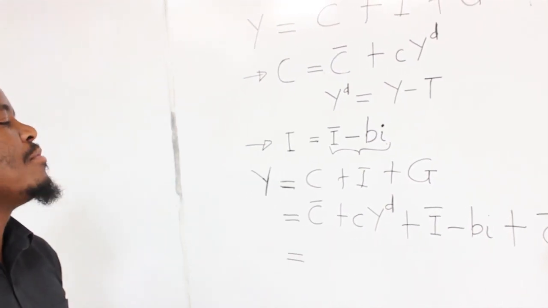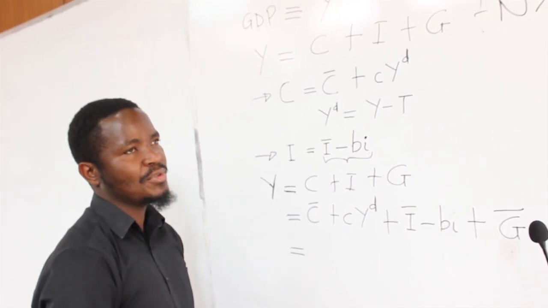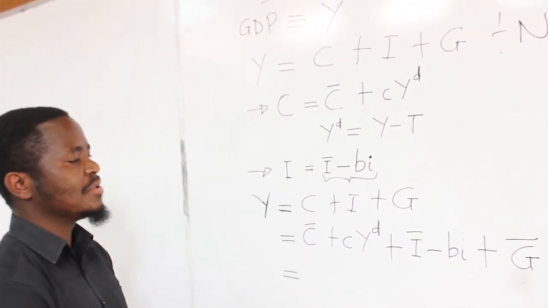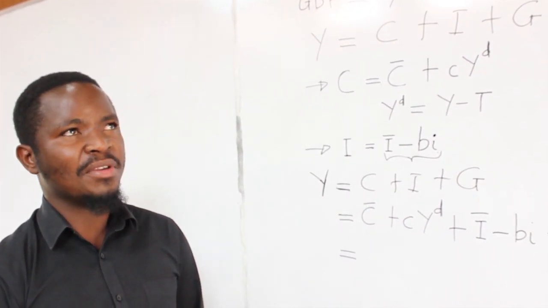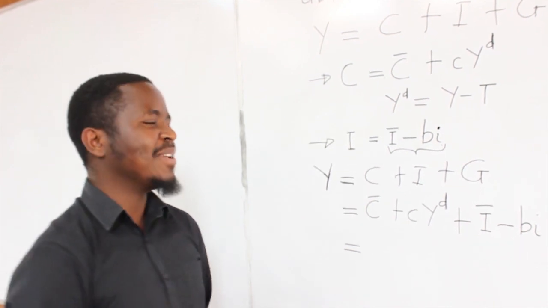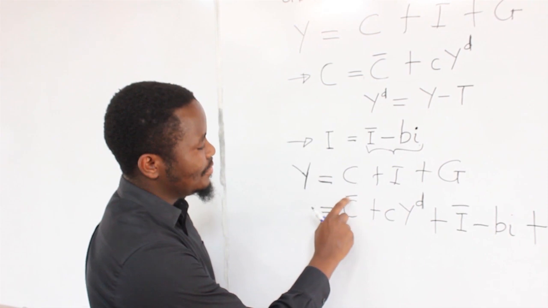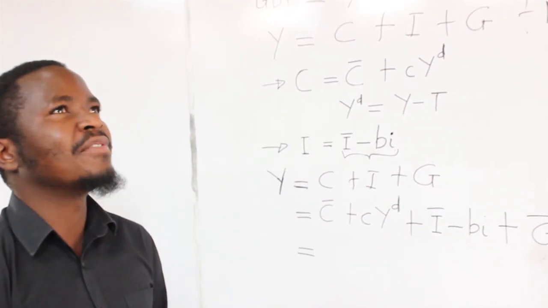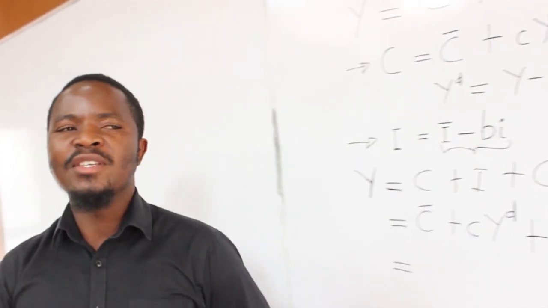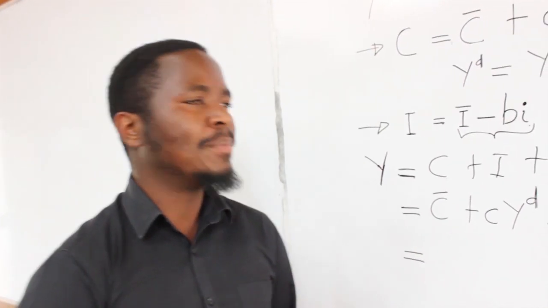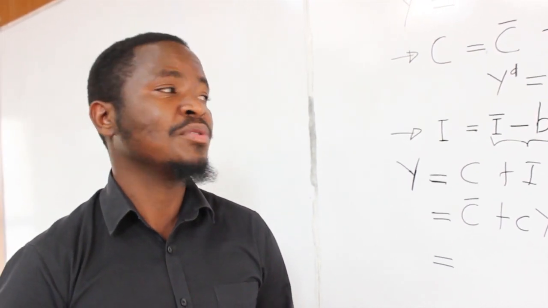So we have three autonomous terms. We have C bar, which is autonomous consumption, the level of consumption that does not depend on the levels of income. Maybe people might be asking, what do I mean by that? Imagine somebody who does not have any penny, or is not employed and does not earn any income. You might be wondering how they finance their consumption.